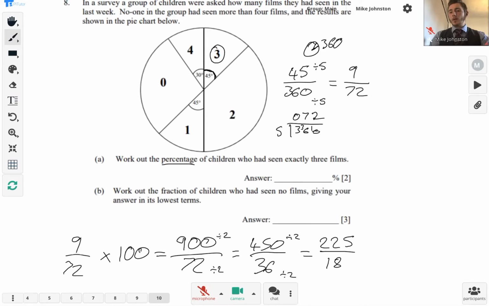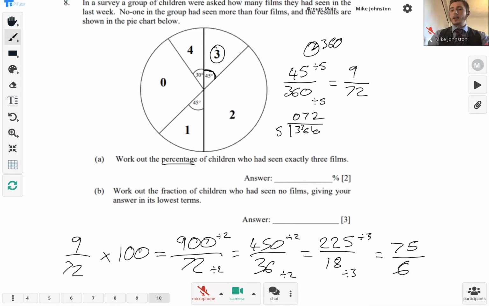I'm going to do the bus stop method in my head just to test if it'll go in. 3 into 2 is not going to go. 3 into 22 goes 7 times with 1 left over. Then 3 will go into 15 5 times, so that's definitely going to work. So 225 divided by 3 is 75, and then 18 divided by 3 is 6. So that's much easier for us now.